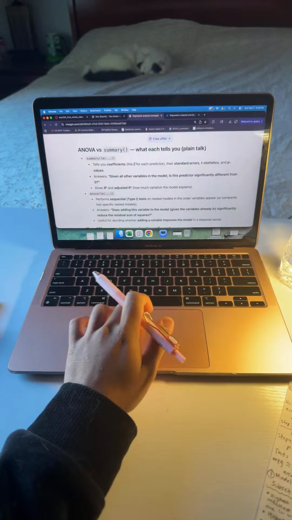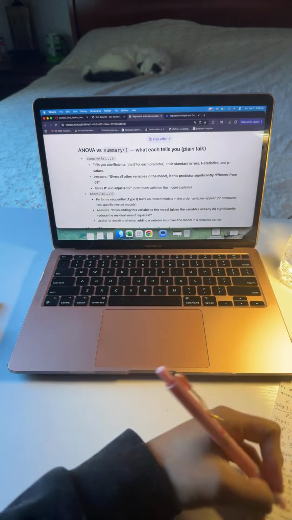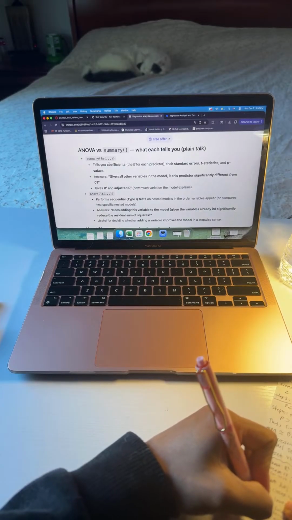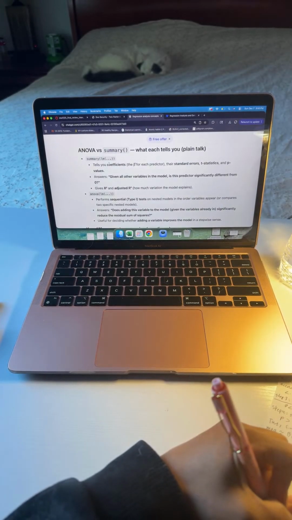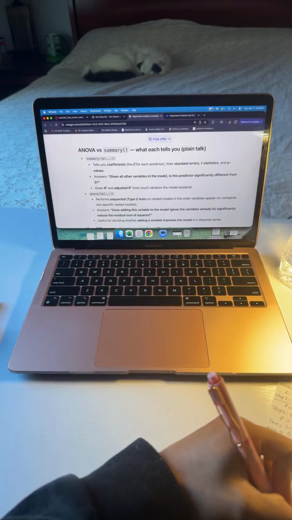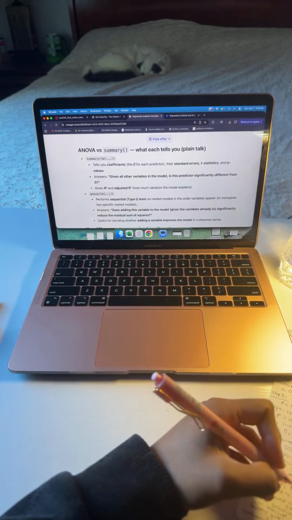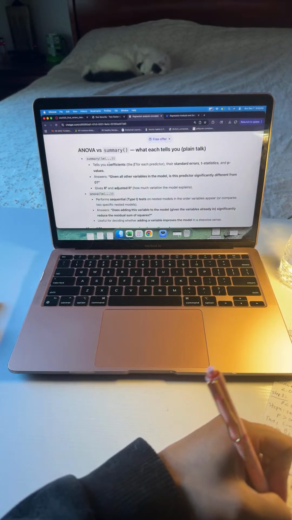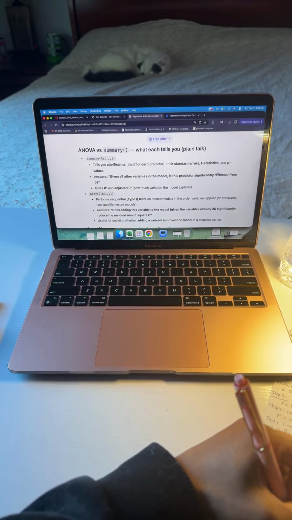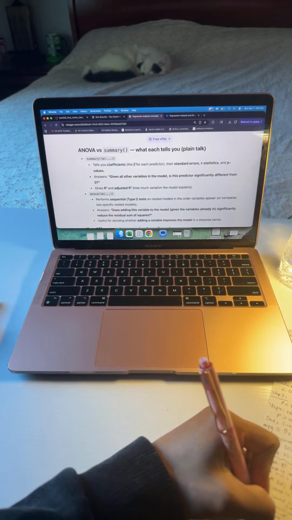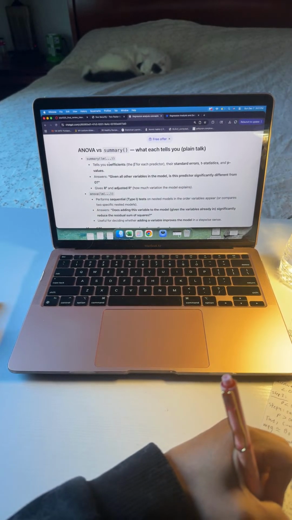Okay, so some things to know. Summary of the LM tells you the coefficients, the B hat.